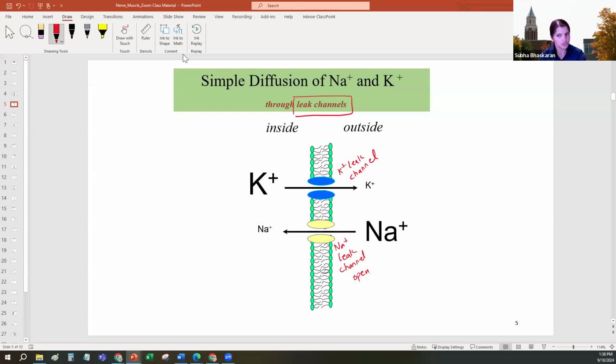What is important for us to know? The chemical gradient, yes or no? If I have a dedicated potassium channel that's open, the potassium is going to go from inside to outside. If I have a dedicated sodium leak channel open, sodium is going to go from outside to inside, because we know that sodium is high outside and potassium is high inside, correct? That's the basis. Got it?